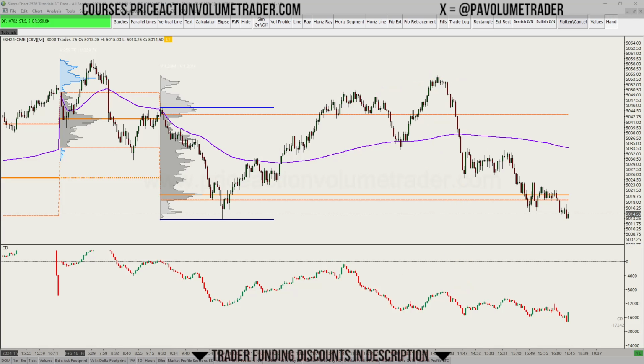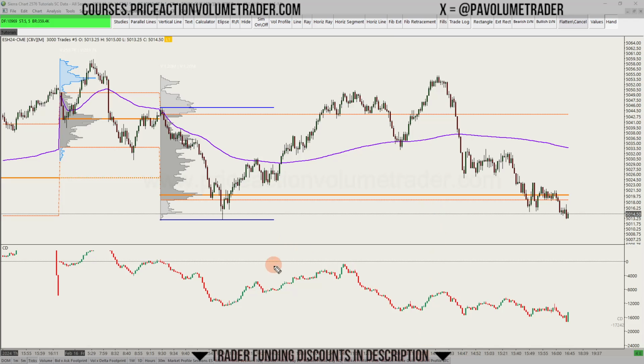But what you really want to see is once the chart and cumulative delta get in sync, that's when markets really start moving quickly together. Once you see that momentum start getting very red here, and then the market starts breaking down, usually that's when you're going to get very quick and impulsive moves.